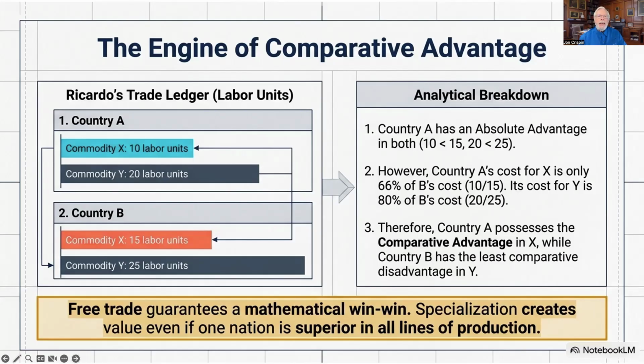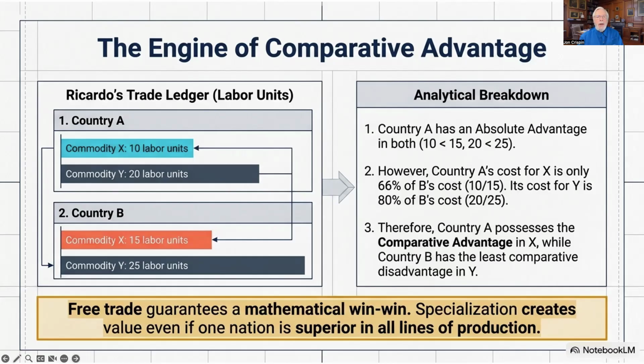So anyway, country A has an absolute advantage in both of these areas in X and Y, 10 versus 15 in terms of labor units in product X, at 20 versus 25 in countries A and B, and commodity Y, coal.